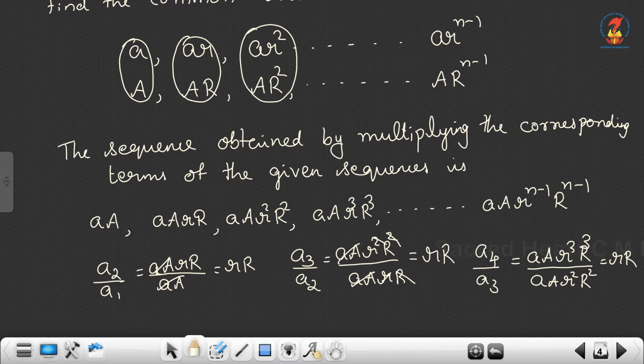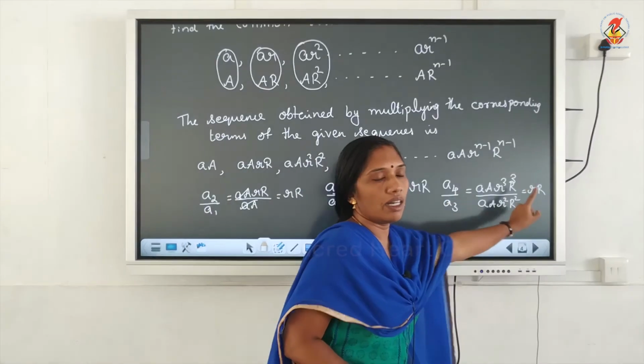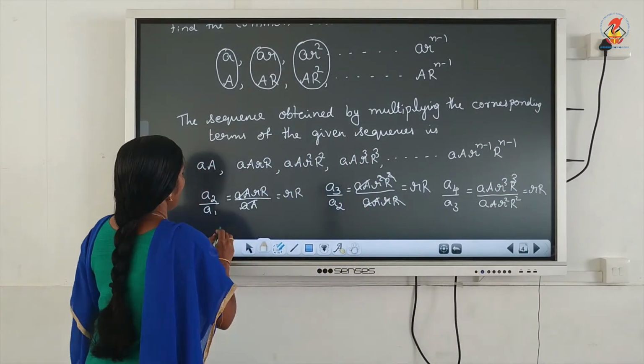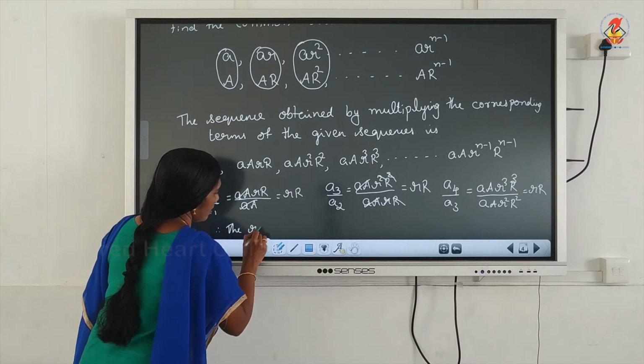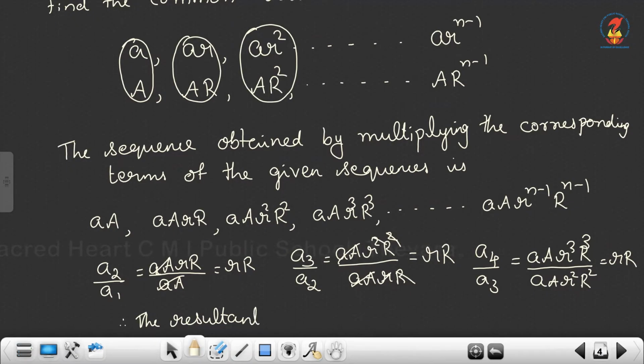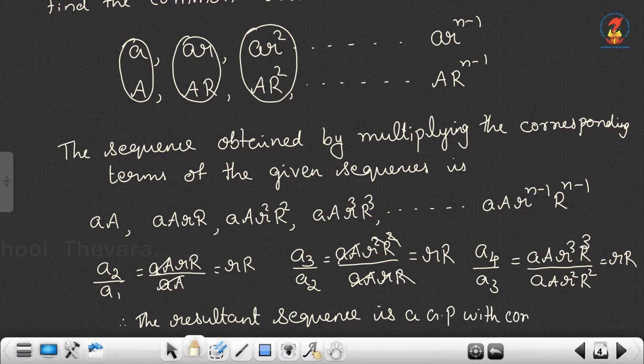So it's a GP with the common ratio. What is the common ratio? This r into capital R. So therefore the resultant sequence is a GP with common ratio small r, capital R. So we proved. Okay.